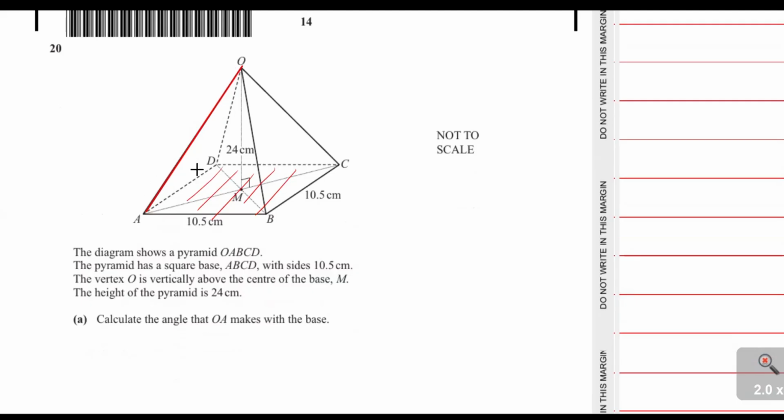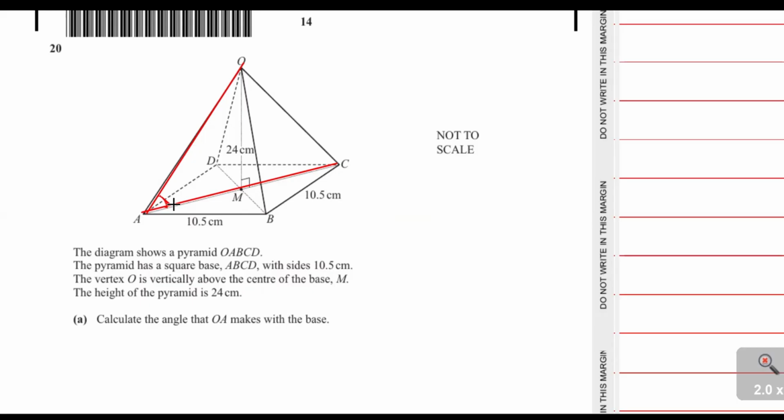We have to calculate the angle between this OA and the base. The angle between OA and the base, we can take as the angle between OA and the diagonal of the base. Look here, this is the diagonal of the base AC and this is the length OA, and this angle between the diagonal of the base and OA will be the same as the angle between OA and the base.